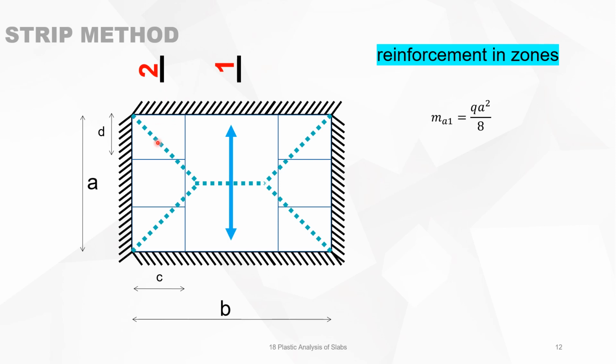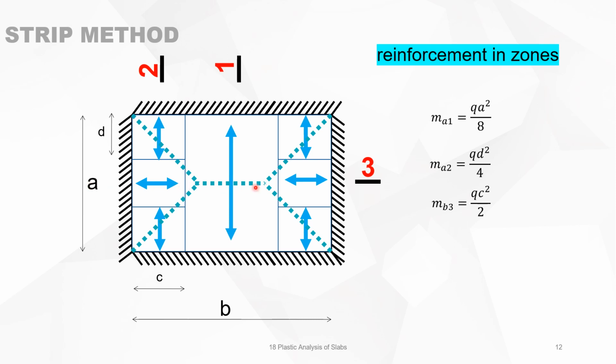In section number 2, this load is carried in this way and this in this way, but the load carried in this way is half of the load, because the other half is carried in the other way. When this is d, the bending moment in this strip in this direction is q d squared over 4. And then we have section 3.